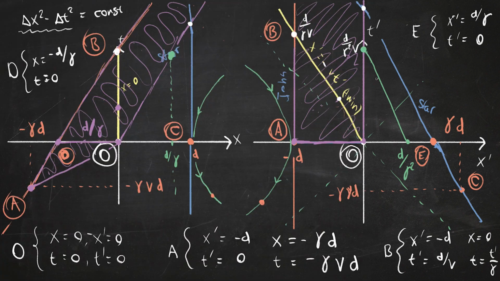I'm a bit confused there. So you've got a distance of d. And you're saying when the Earth meets the back of the spaceship, yeah, it's d on gamma v.